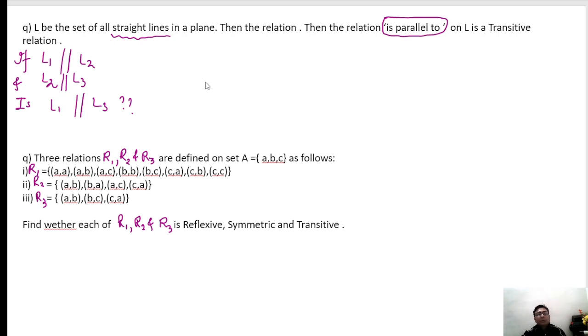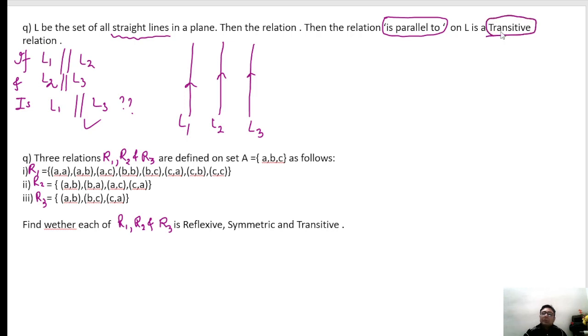This is a line L1, it is parallel to L2, and L2 is parallel to L3. So isn't L1 parallel to L3? Yes, L1 is parallel to L3. So is parallel to is a transitive relation, right?